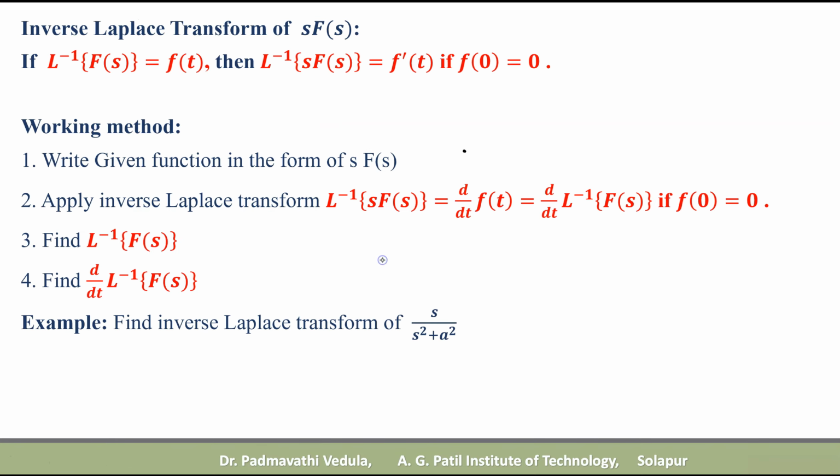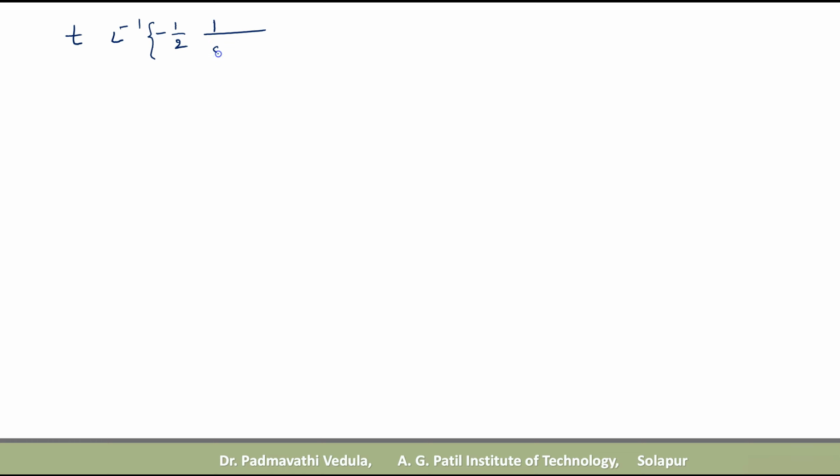We get t into L inverse of minus 1 by 2 into 1 by s square plus a square, but we have to apply limits. Here limits are from s to infinity, which equals L inverse of s by (s square plus a square) whole square, RHS as it is, no change.